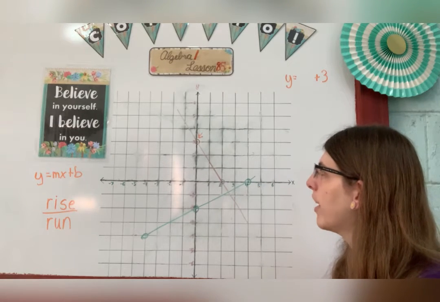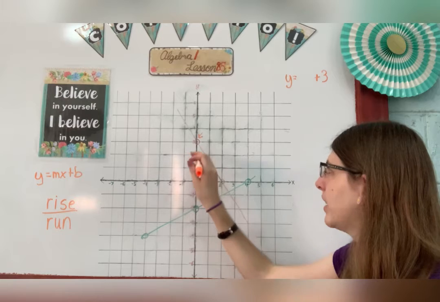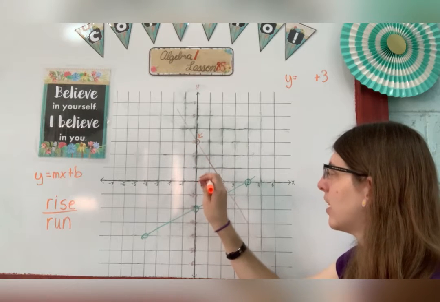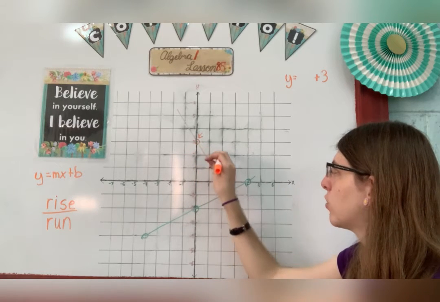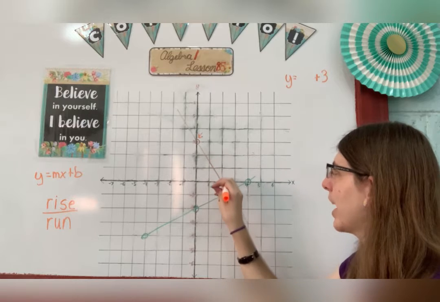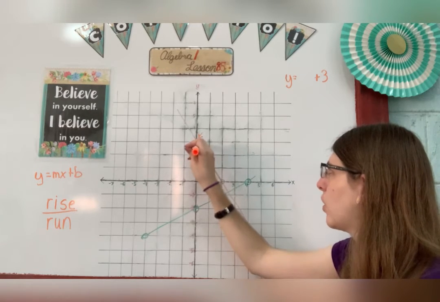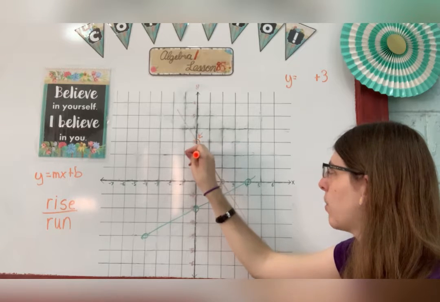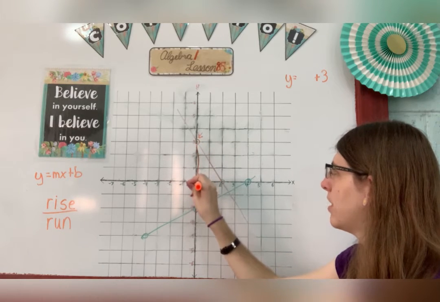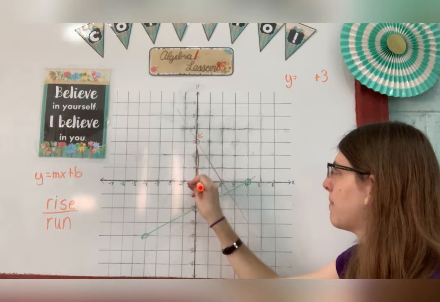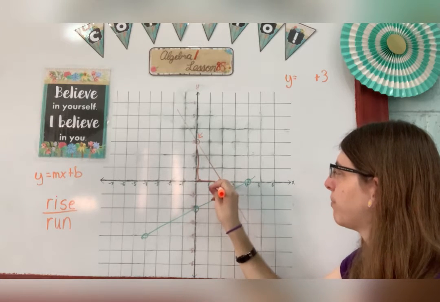First of all, the slope is going to be my rise over my run. I'm going to go from here towards the right. The next point where I intersect something is right here. So my rise is going down to this level, and then my run is to go over.